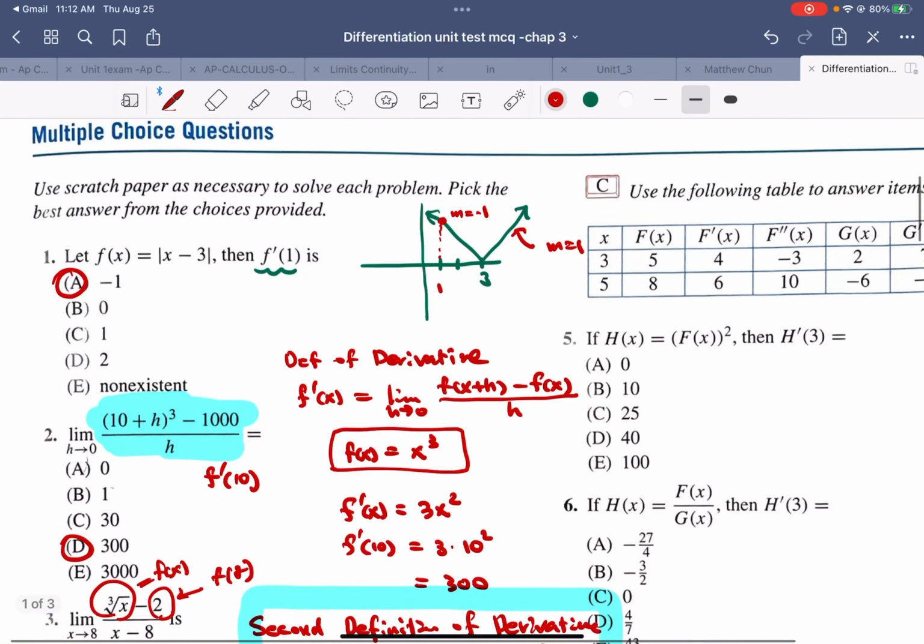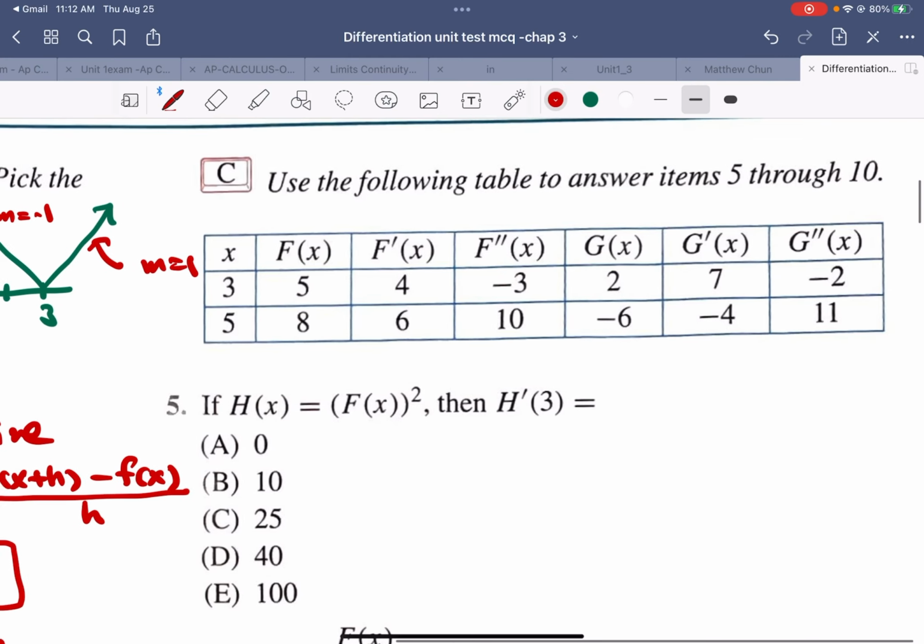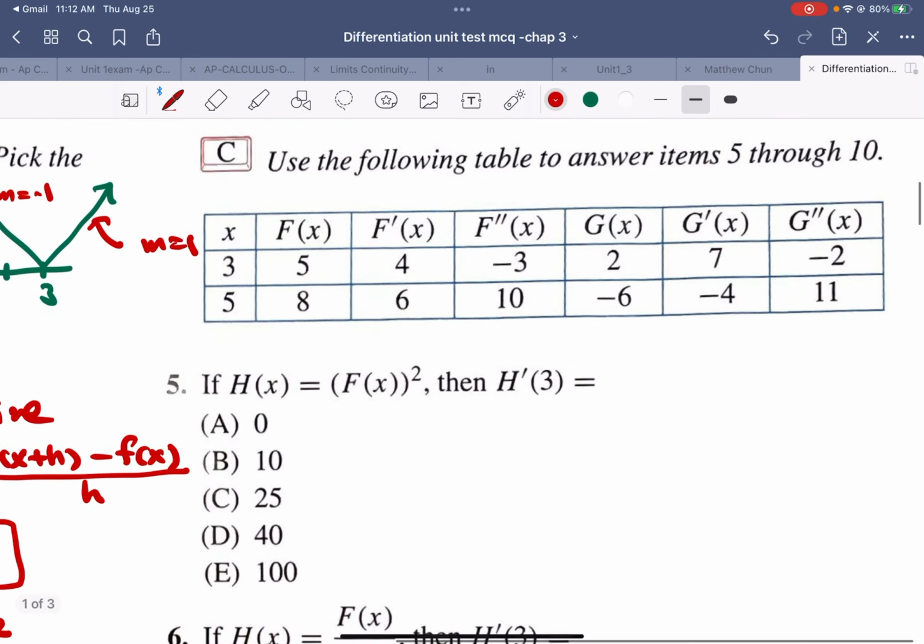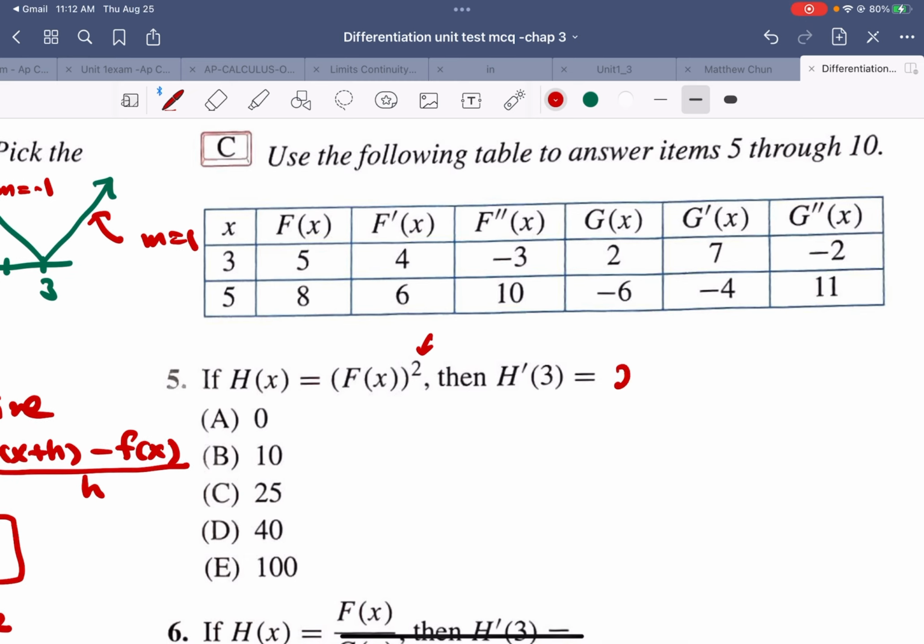Now, next one, number 5 here. Use the following table to answer 5 through 10. This one checks that you understand how to use the table values. When you take a derivative, this is the first power law, so 2 times f of x times f prime of x by chain rule.